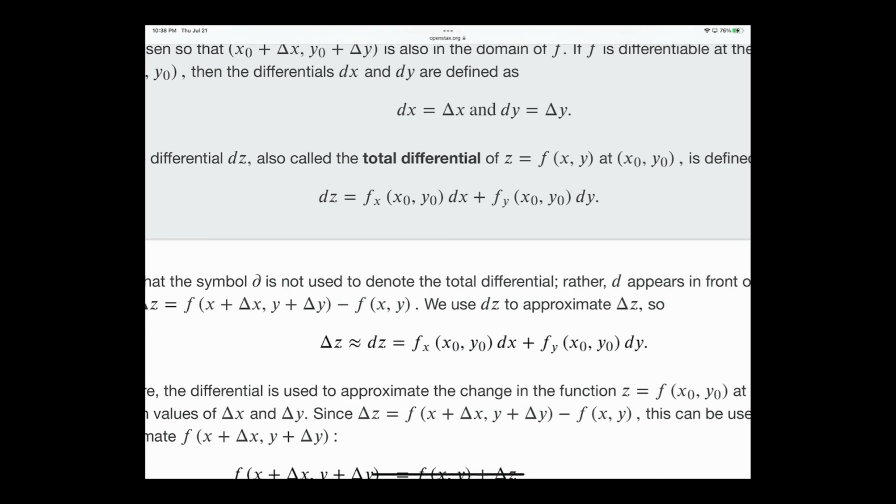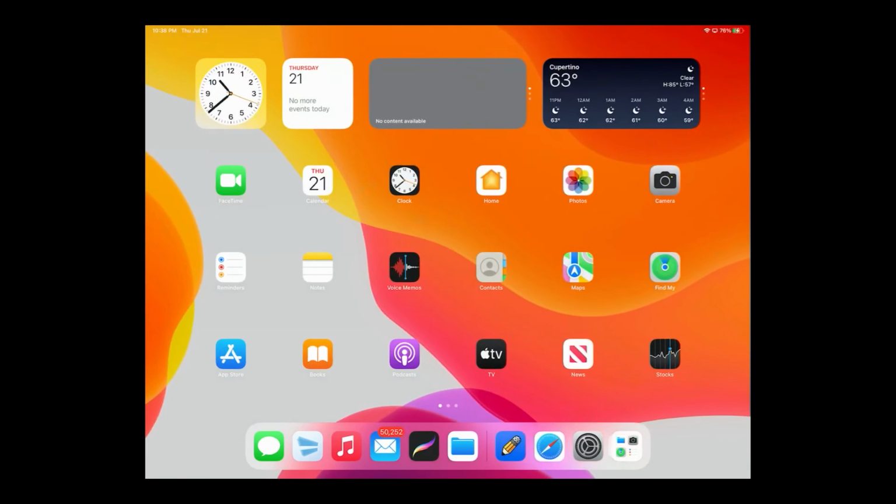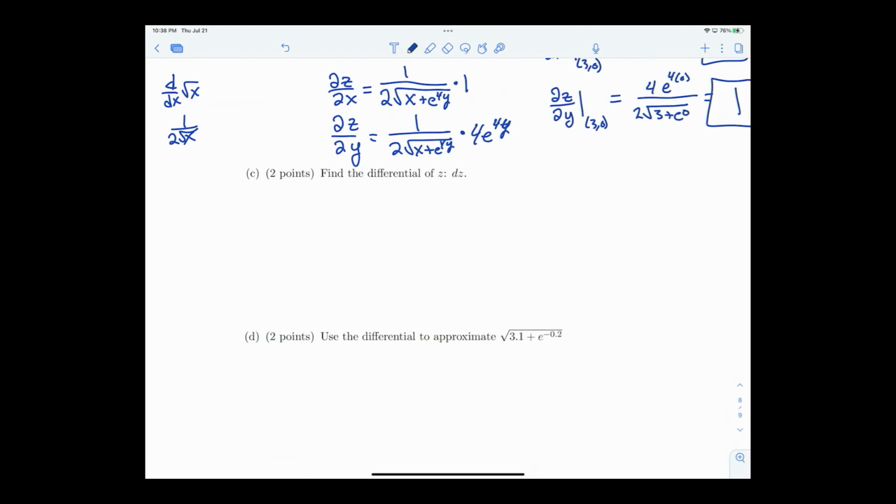dz is f_x, the partial of f with respect to x, with a dx at the end, and then the partial with respect to y with a dy on the end. So basically, what we just saw was this formula: dz is f_x at the point P, I'll just write P for point, to be lazy, times dx, plus f_y at P times dy.